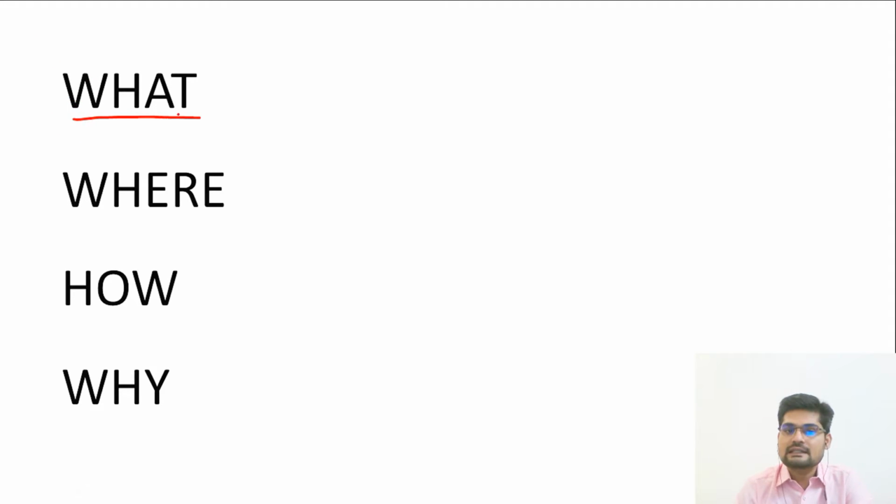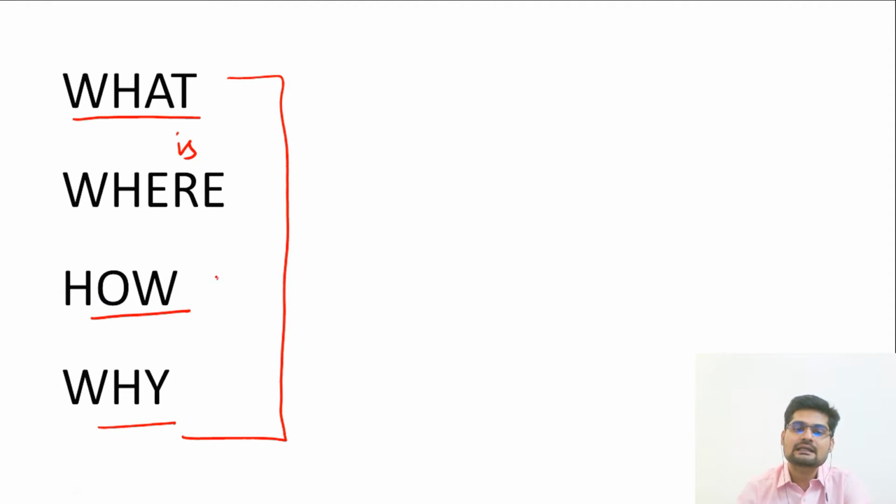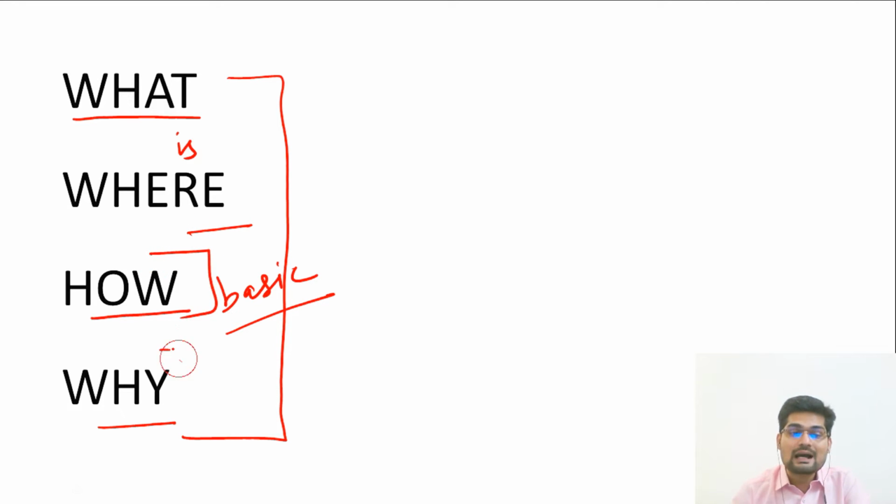The questions that we answer in geography are these fundamental questions: what is where, how, and why? This is the fundamental basic concept of how we study phenomena or events in geography. First the answer to the what question, what it is, then where it is located, and how it is there, and why it is there.